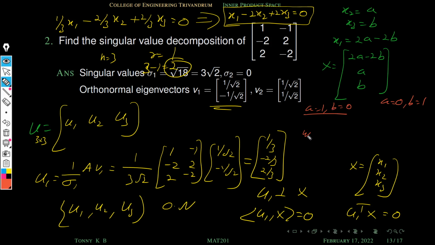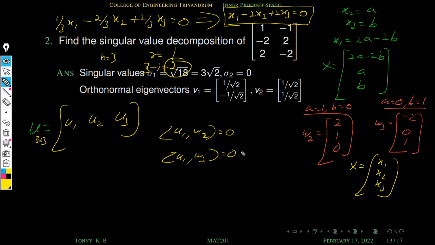So I am going to call these w2 and w3. When a equals 1 and b equals 0, w2 becomes 2, 1, 0. Similarly, we denote the second one by w3. The guarantee is that these vectors are orthogonal to u1, because we solved the system inner product of u1 and x equal to 0.